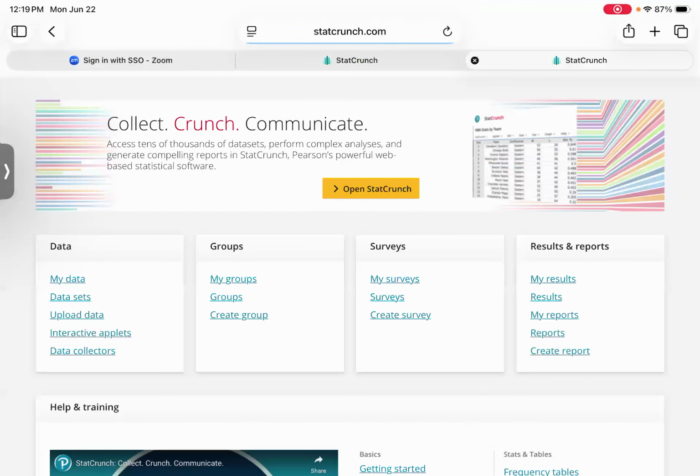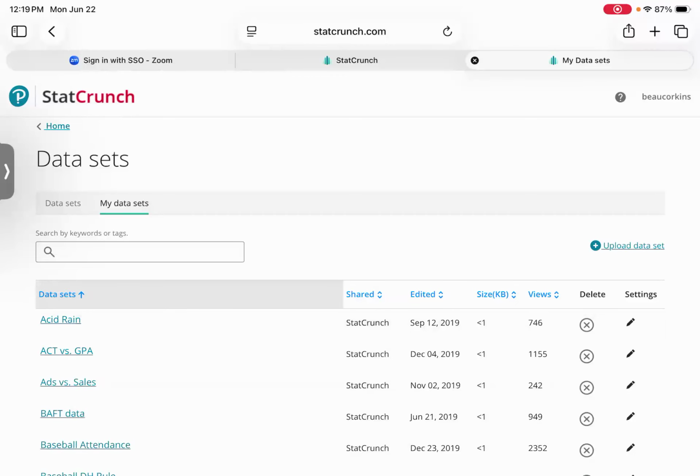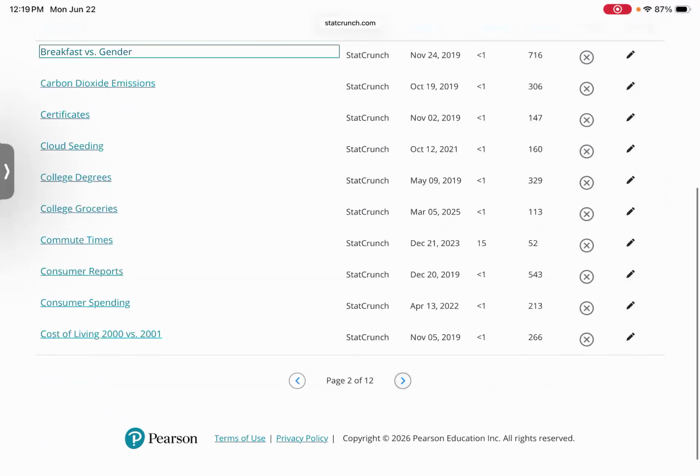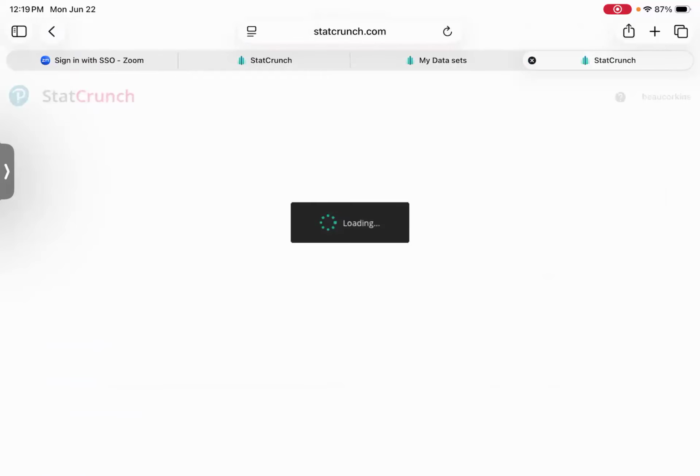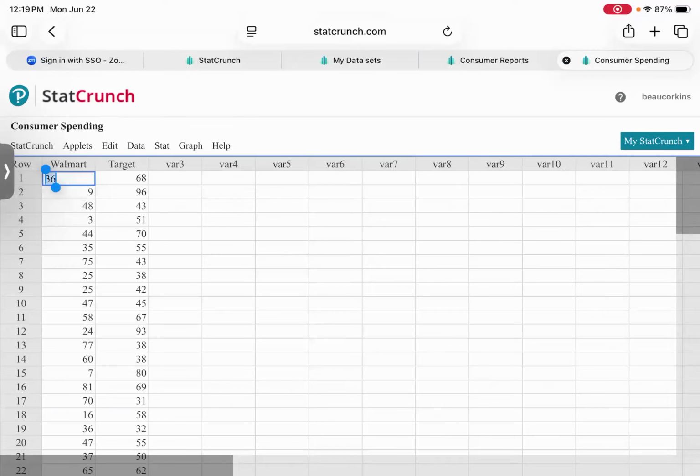So again, I go to my data. You need to actually search for Consumer Spending. All right, we have Target, we have Walmart.